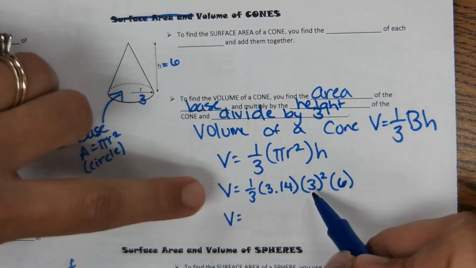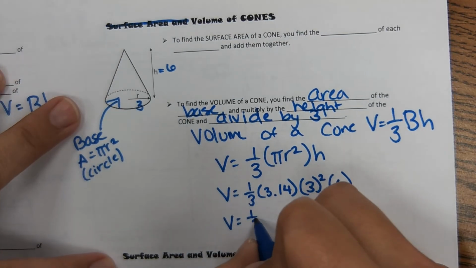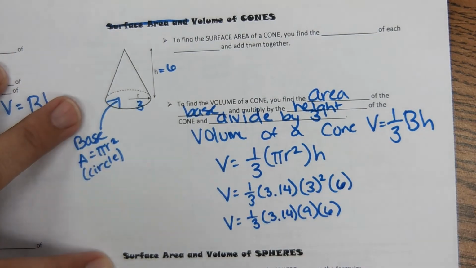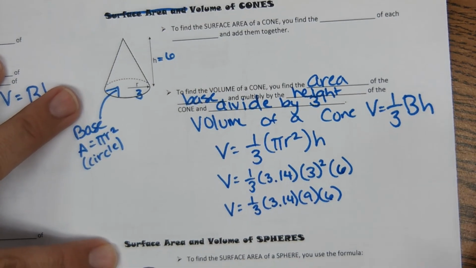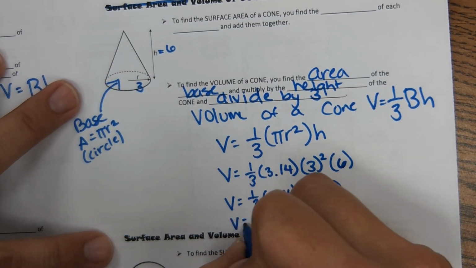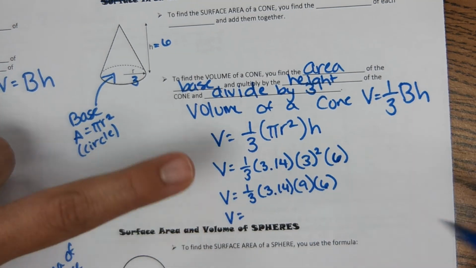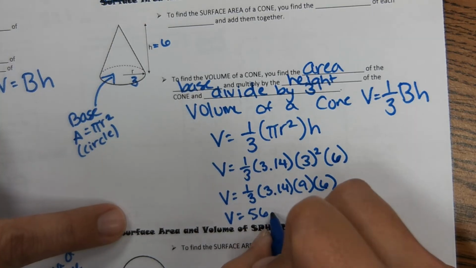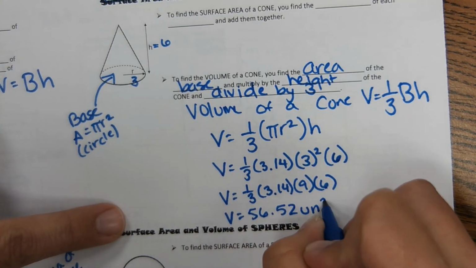When we solve this, we have to make sure to square the 3 first. And then multiply these 3 numbers in a calculator, and it comes out to 56.52 units cubed.